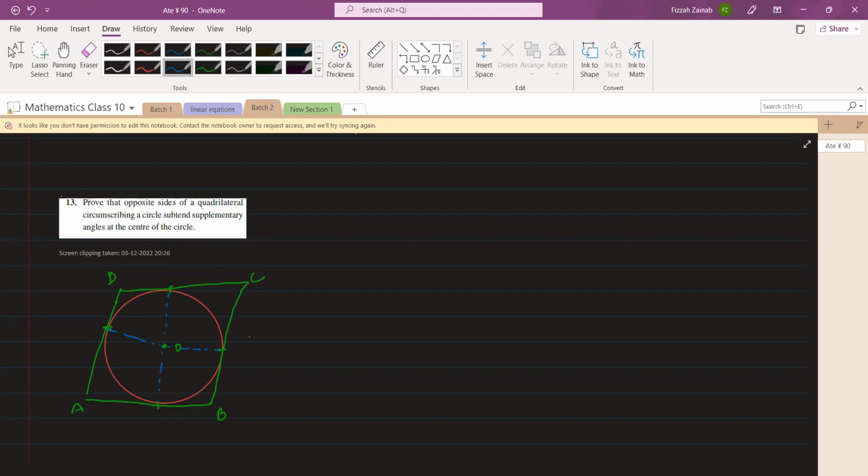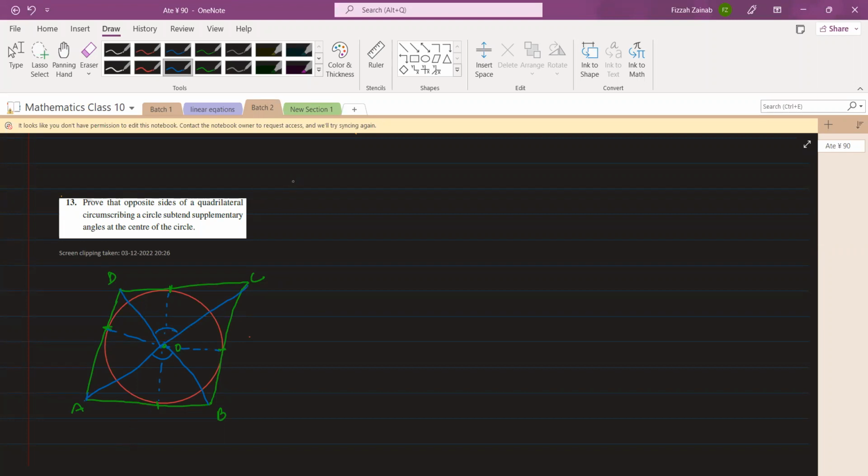Now, opposite sides of a quadrilateral subtend. If I take the side AB, which angle is it subtending at the center? It is subtending this angle. Similarly, the side CD is subtending this one.